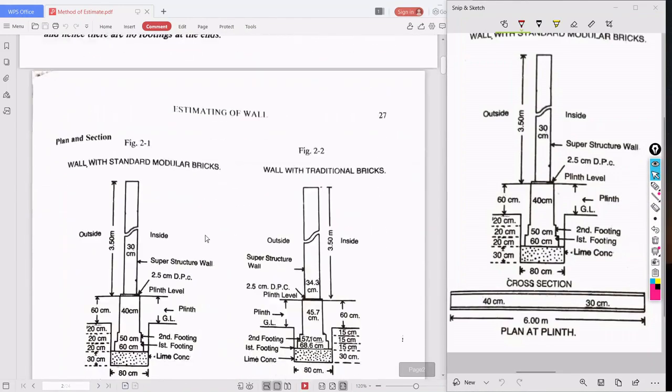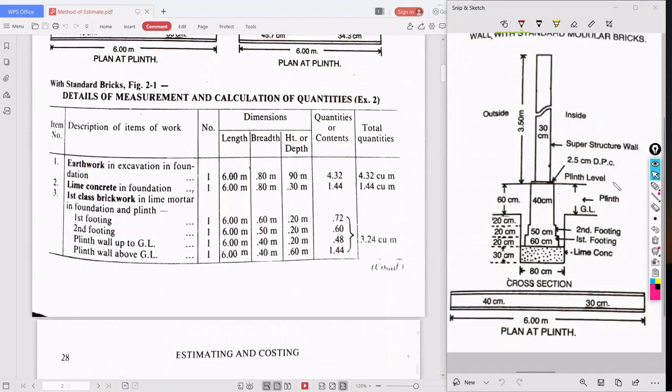Once I get the tabular column, see the diagram here. So, earthwork in excavation in foundation. Ground level is like this, and we need to open the trench, dig out the trench. How much do we have to dig out?